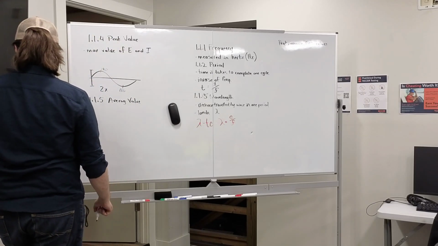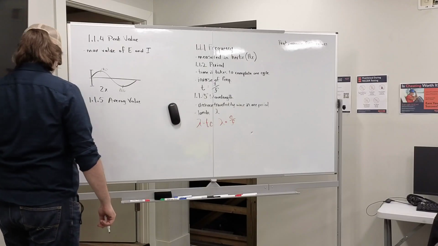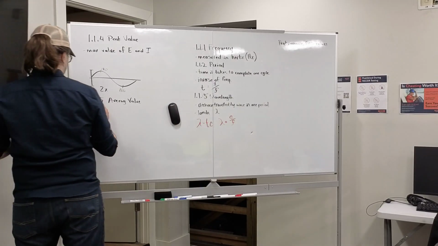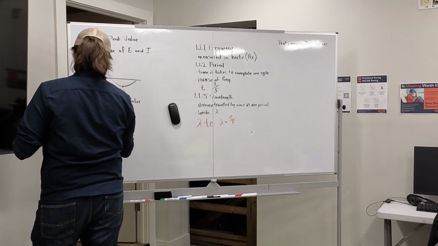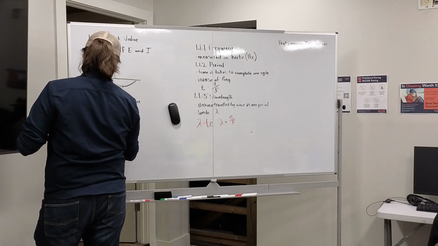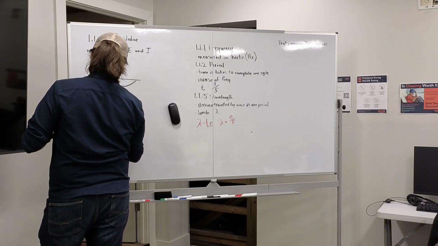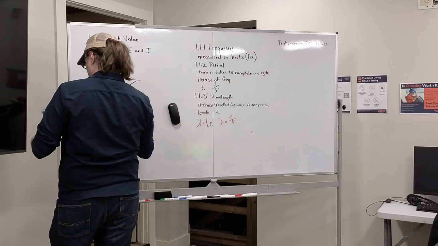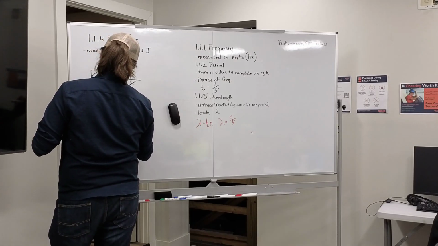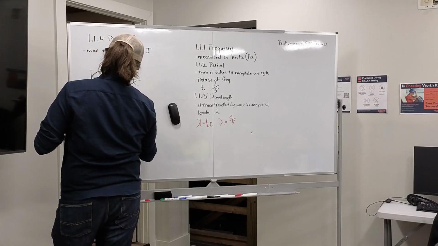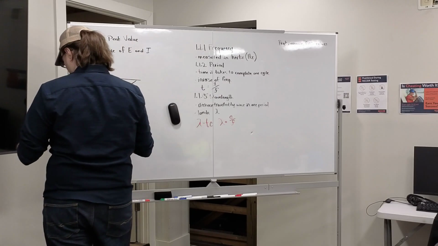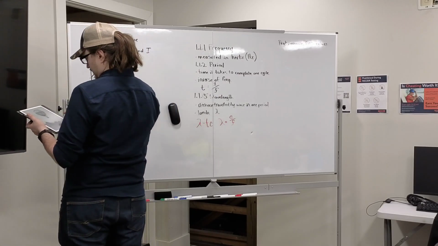How do you calculate average value? It's 0.637 times the peak value. I didn't know where they got 0.637 from.